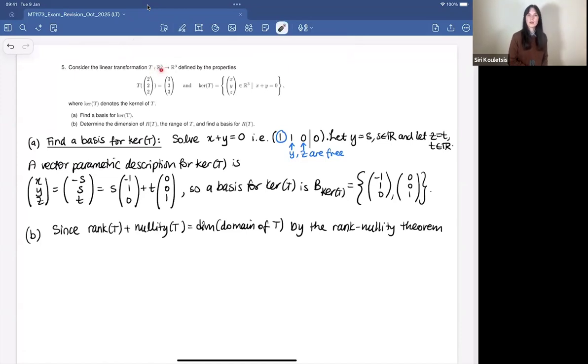And just pointing that out here, obviously here the linear transformation is from R3 to R3, but if these two are not the same, then it's the dimension of the domain of T that is relevant.